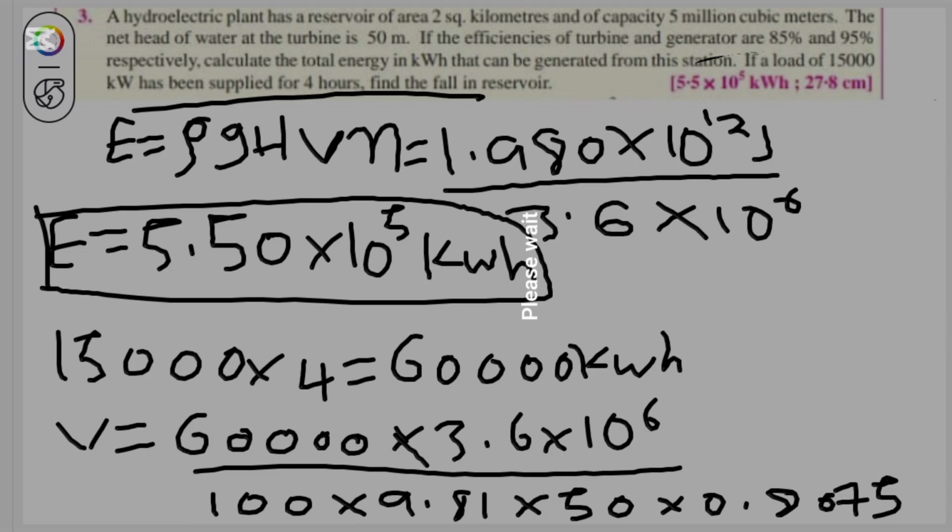You have to take note that I make V the subject of the formula so that I will find the water volume used in that 4 hours.